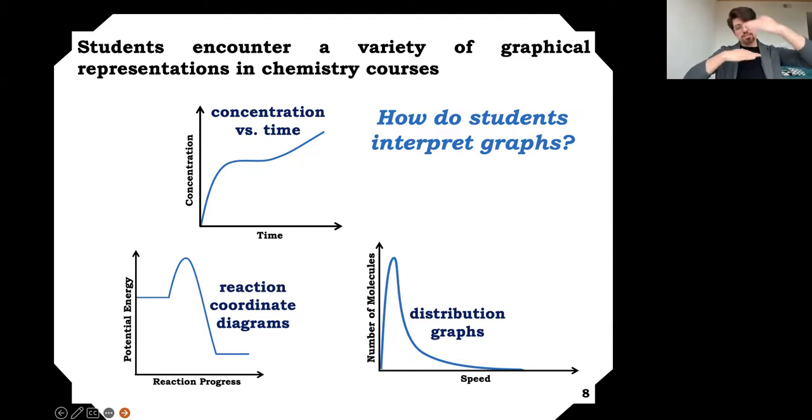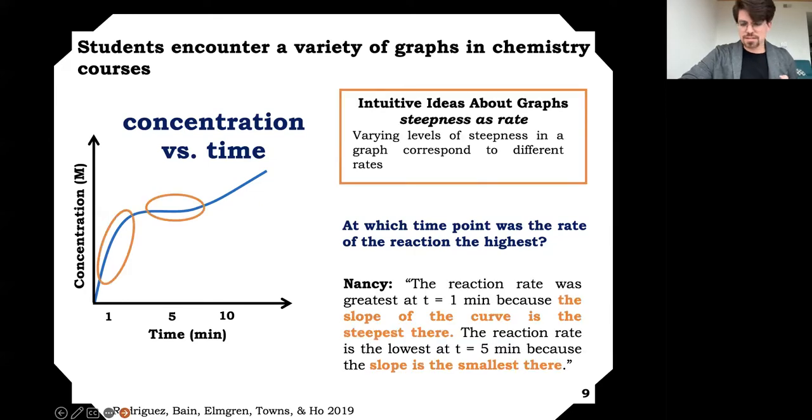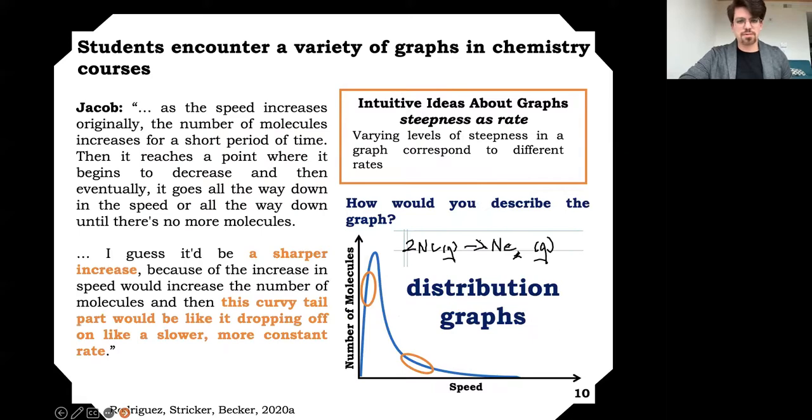That still falls under the scaffolding umbrella, and I would imagine it would have the same result: now we're getting students to reflect on their reasoning, and rather than just attending to those salient features, they're taking a step back and focusing on what we want them to focus on.